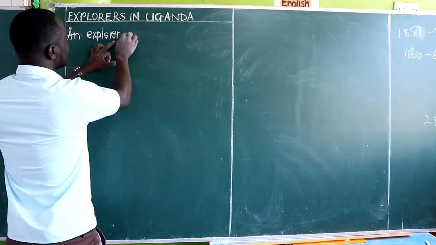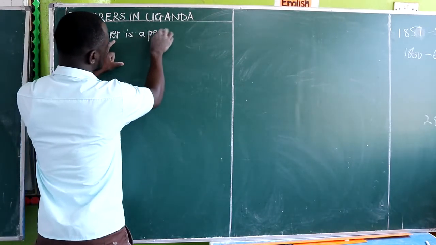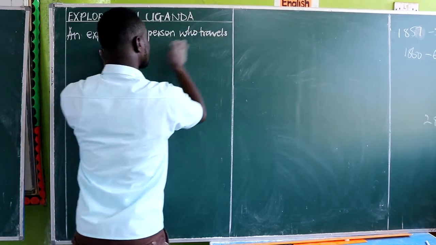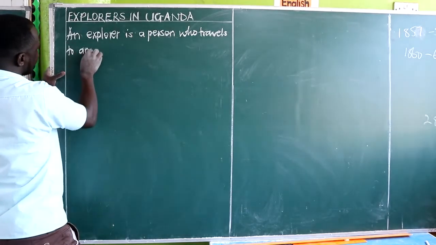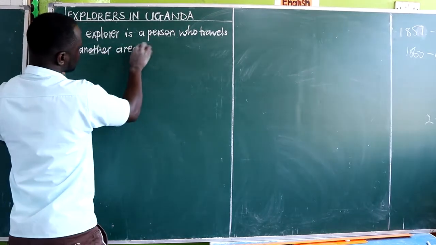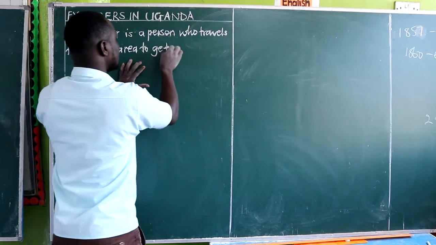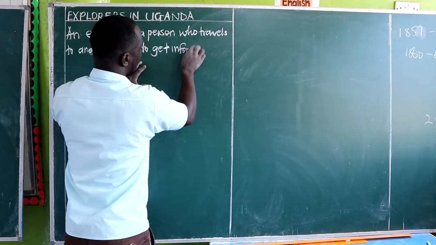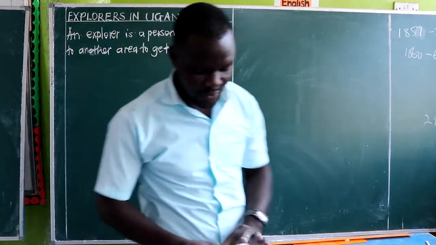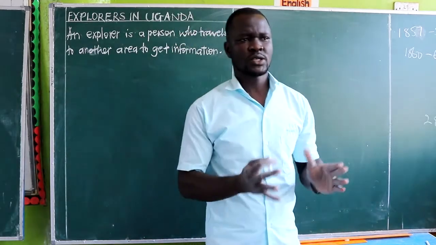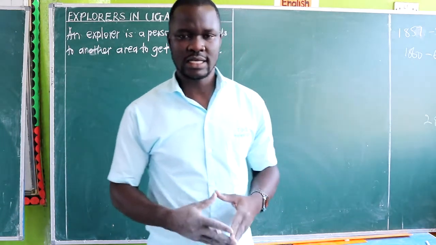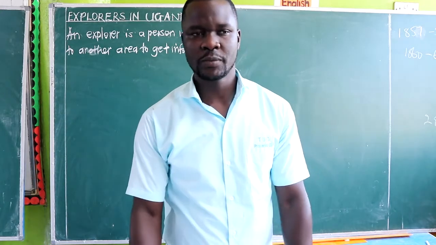An explorer is a person who travels to another area to get information. So that is how we are simply going to define an explorer: a person who goes out of his area to another purposely to find more about that area, that is, to find more information about that area.